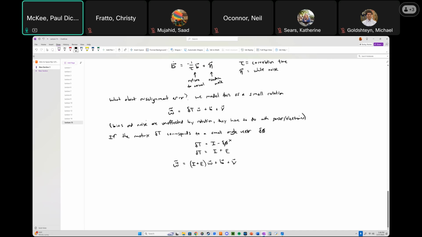So we account for non-orthogonality with the transformation delta G, which is not orthonormal.